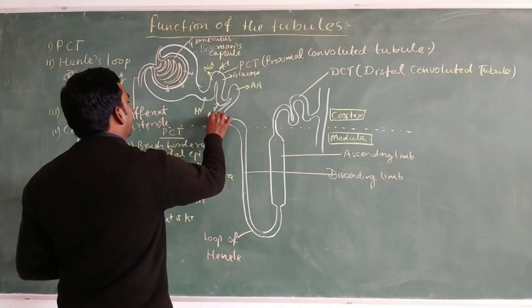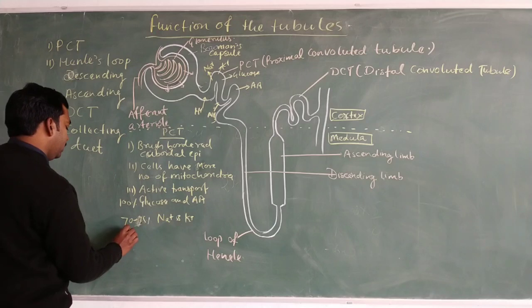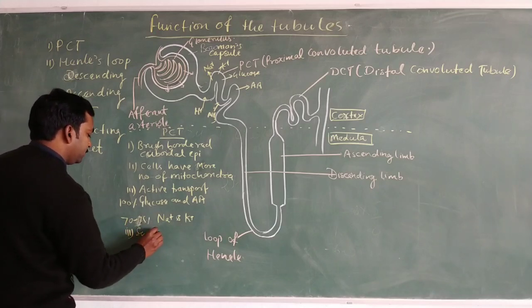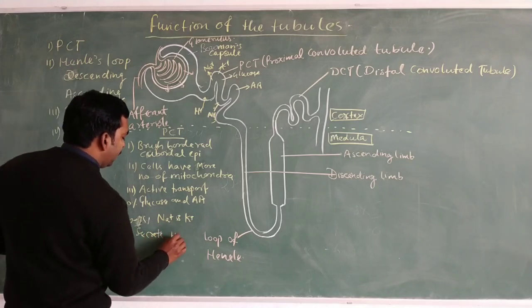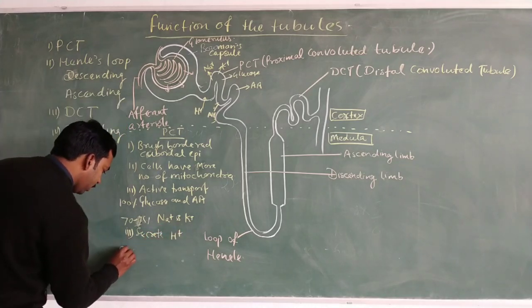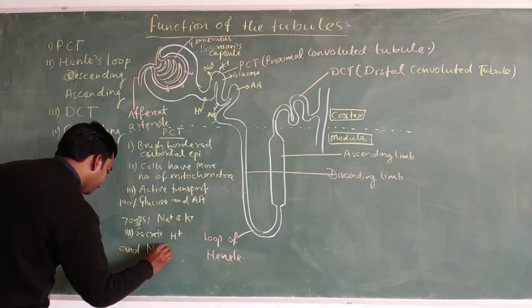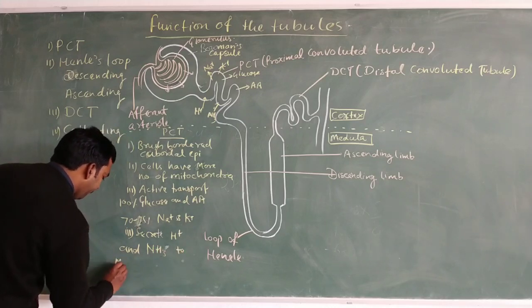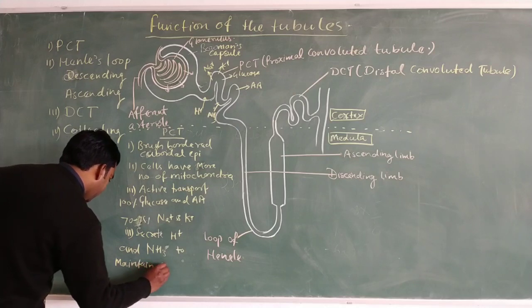It means in the PCT region there is also secretion of hydrogen ions and ammonia to maintain pH.